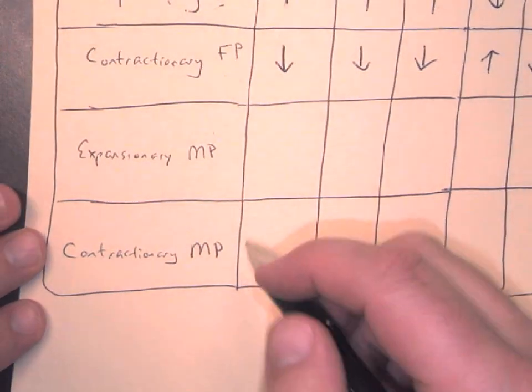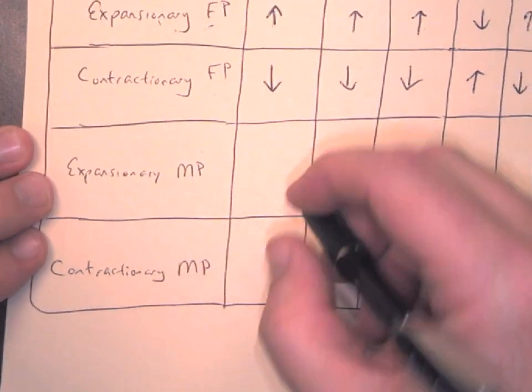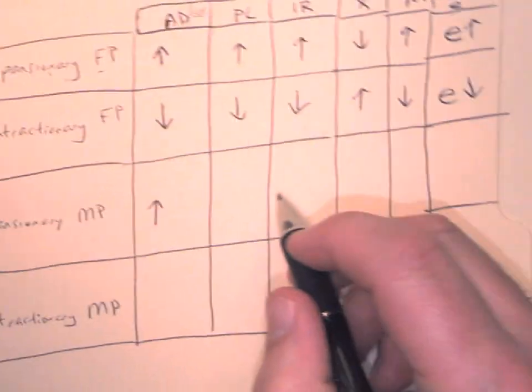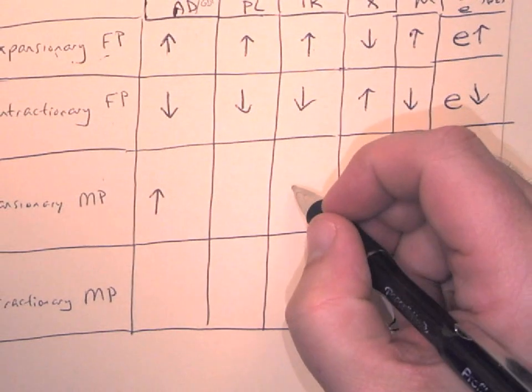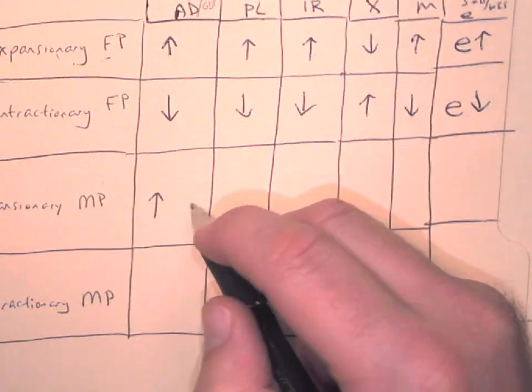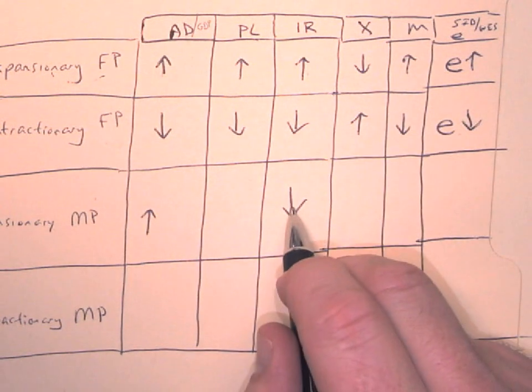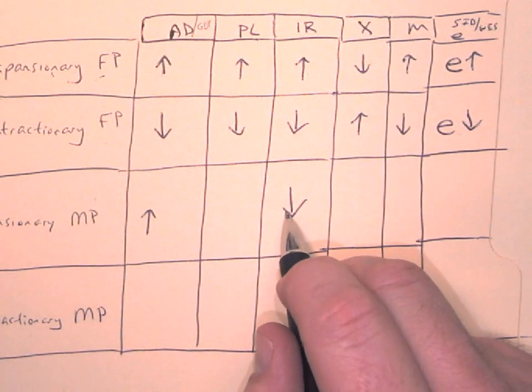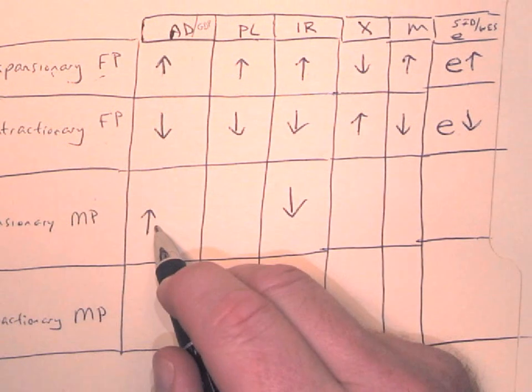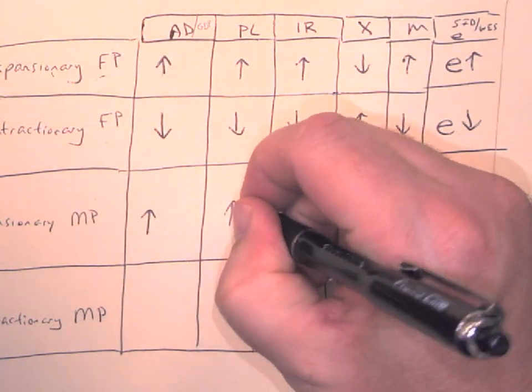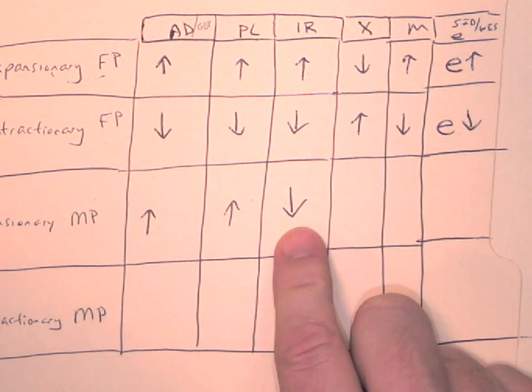Now let's look over at expansionary monetary policy. The whole point is to make aggregate demand increase, and the way we can do that with an expansionary monetary policy is by targeting low interest rates. Okay? If low interest rates, remember, investment's going to increase, that's going to make aggregate demand and GDP go up, and therefore our price levels will go up. What we're looking at, though, is these interest rates.